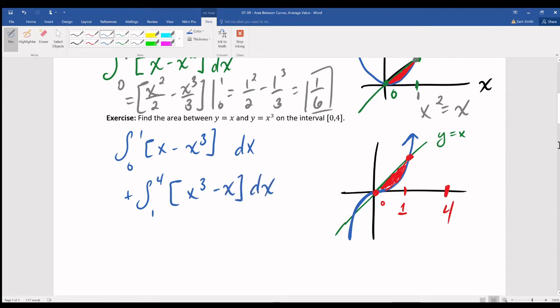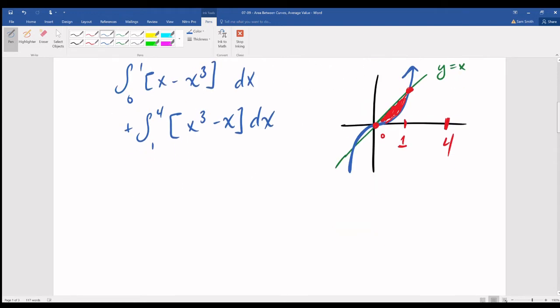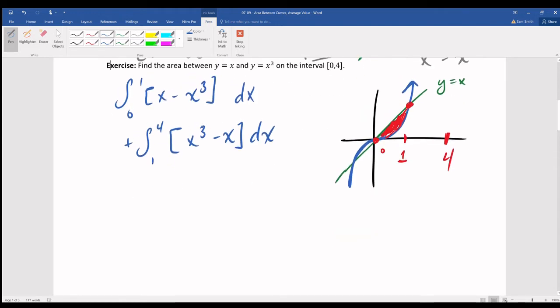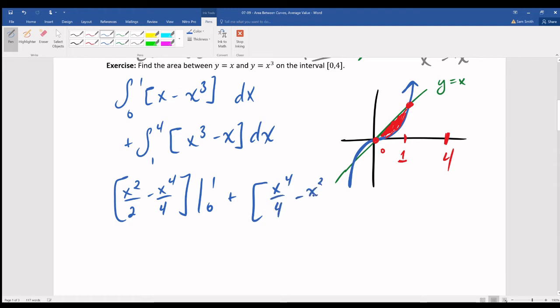Then, having established these two intervals, we can evaluate each of them separately. For the first integral, we have x squared over 2 minus x to the 4th over 4, evaluated from 0 to 1. And for the second part of this integral, we have x to the 4th over 4 minus x squared over 2, evaluated from 1 to 4.